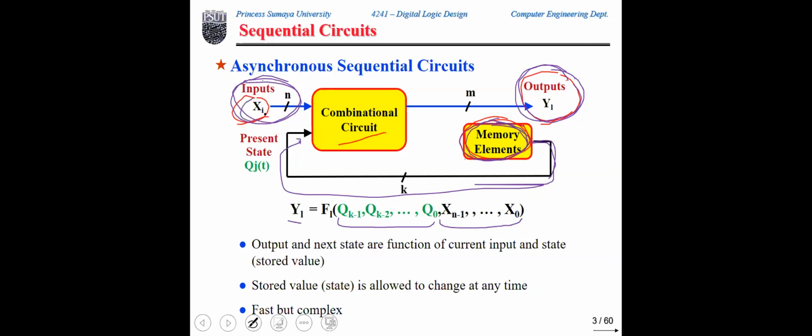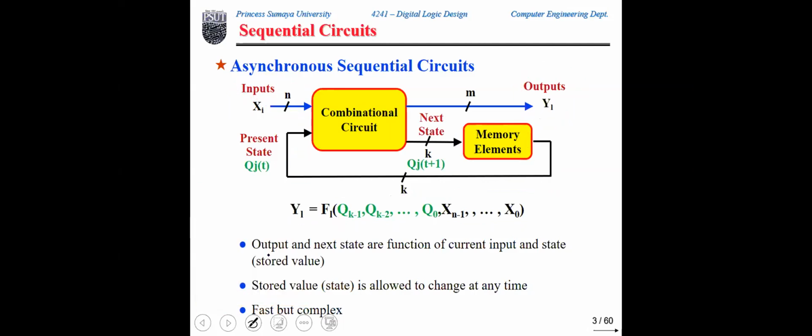So whenever X becomes 1, the output should become 1 because the stored value is 0. And this stored value has to be also changed, right? Because when X becomes 1, then the count value should not stay 0. It has to be changed to 1. So the stored value here, or the state in the memory, has to be changed. And how to change the stored value or the present state is done by the combinational logic circuit itself.